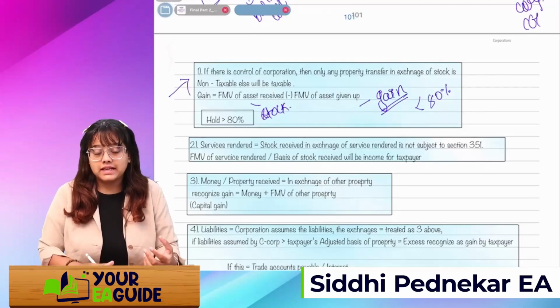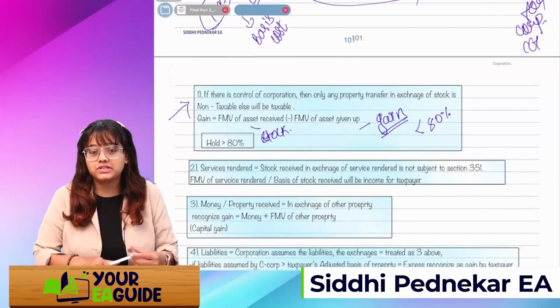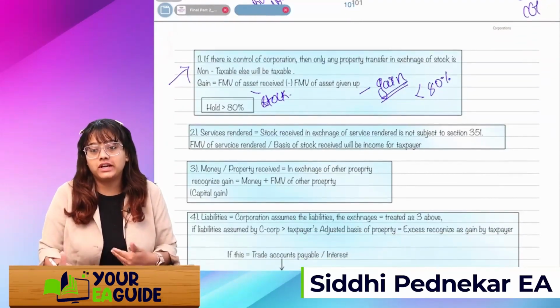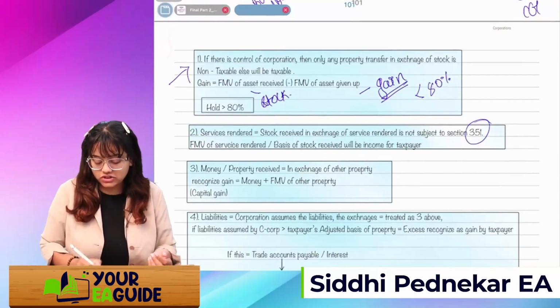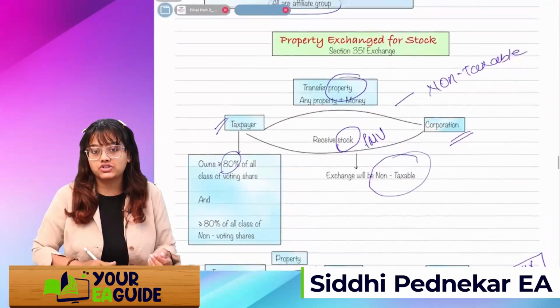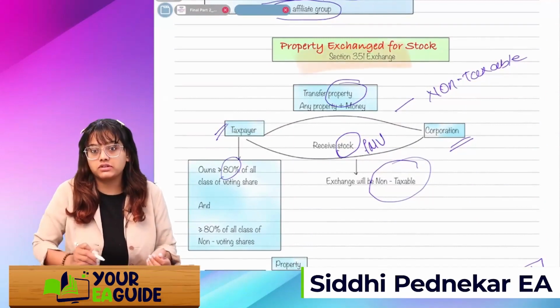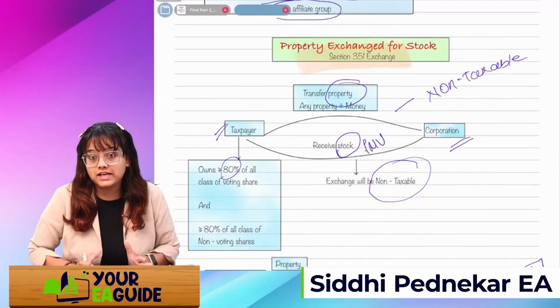All right. Second is, what if instead of property, services are rendered? If the stock is received in exchange for services rendered, then they are not subject to the section 351 calculation. This is the section 351 exchange calculation.